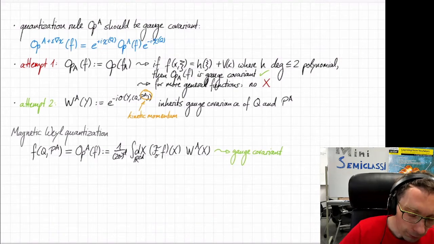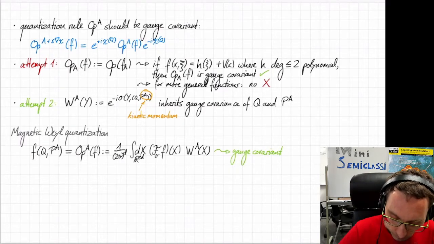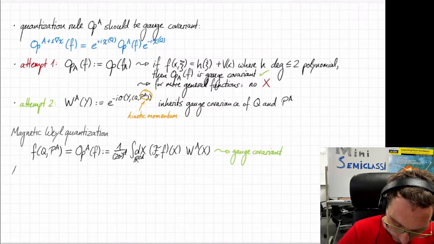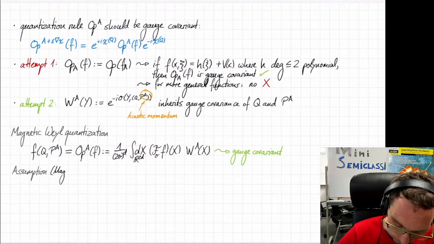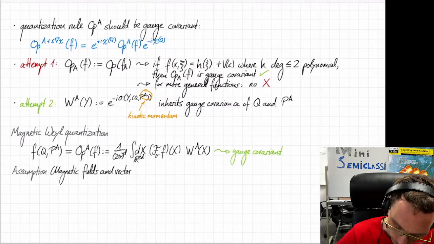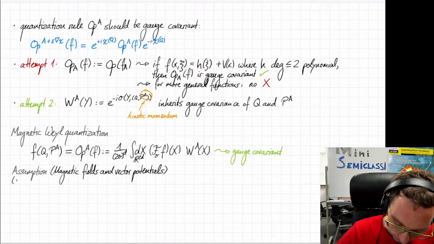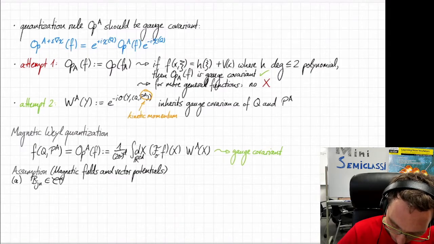Importantly, even though the proofs are trickier because you have magnetic phase factors appearing in places and so forth, if you make the assumption, and this is the assumption that I've imposed before on the magnetic fields and vector potentials, the components of the magnetic field shall be smooth, bounded, and have bounded derivatives to any order.